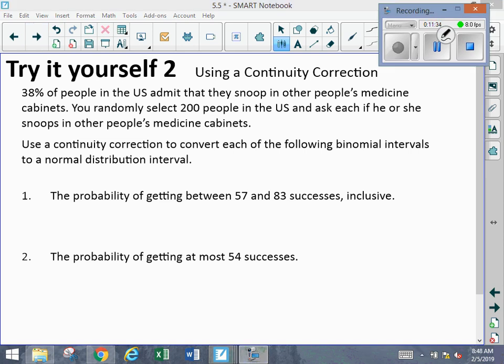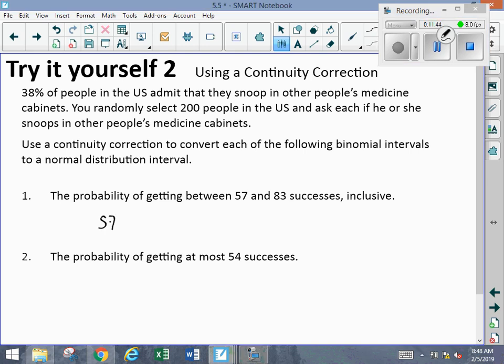Okay. So all you gotta do is make an interval. This interval is going to be 57 minus 0.05, X is going to be in between these two values, and 83 plus 0.05.